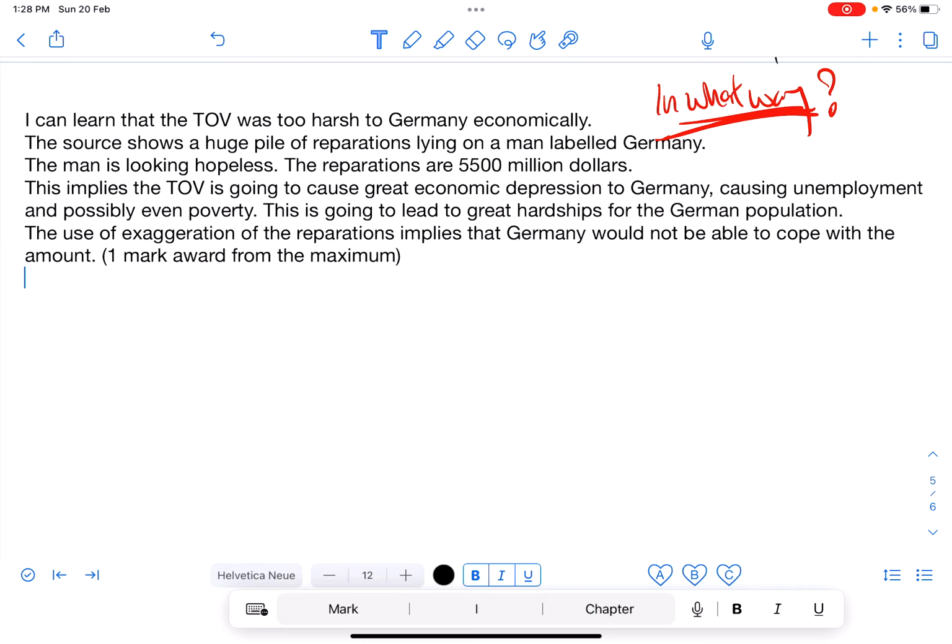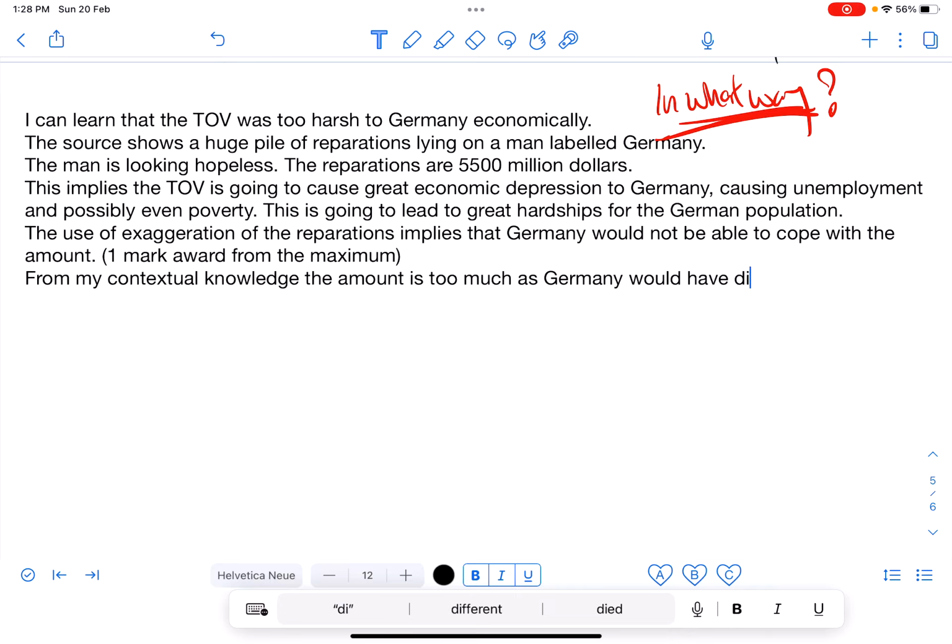So the CK is your additional last mark. So relevant CK, in order to explain this one is, from my contextual knowledge, you can explain why they were unable to pay, right? The amount is too much, as Germany would have difficulty paying due to. So everything I say is intentional and it complements my explanation, because in my explanation I already say that the exaggeration implies that Germany would not be able to cope with the amount.